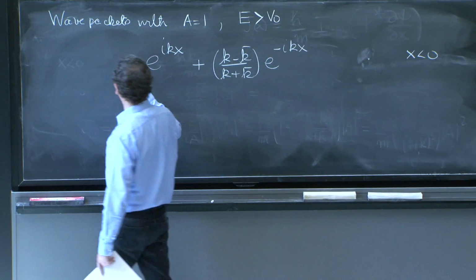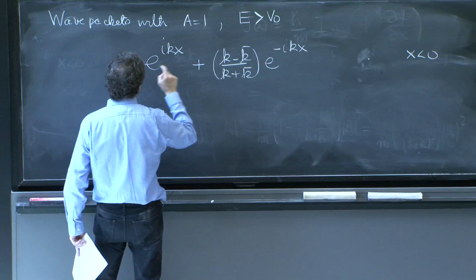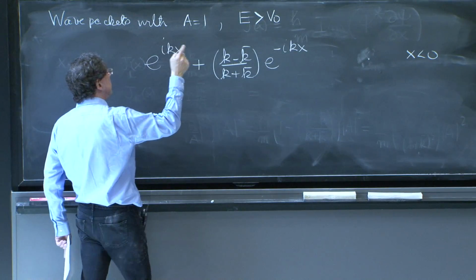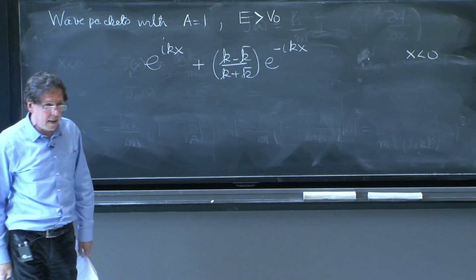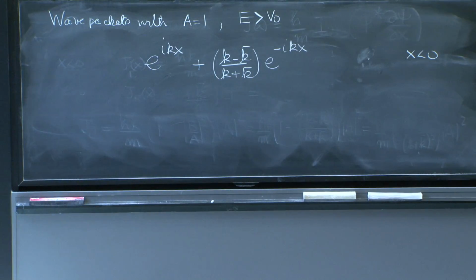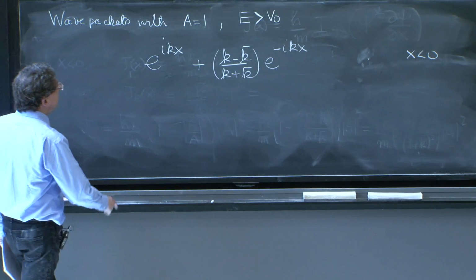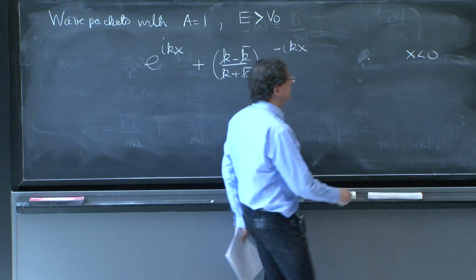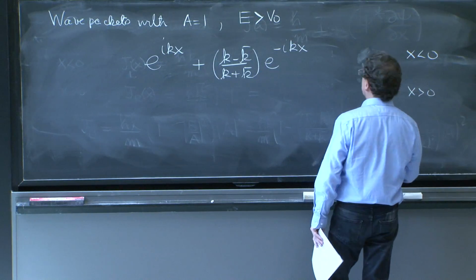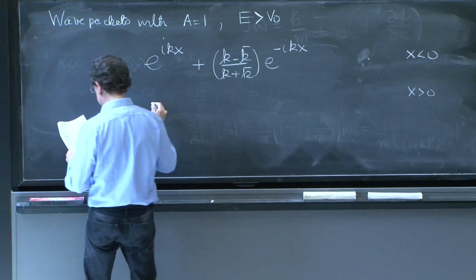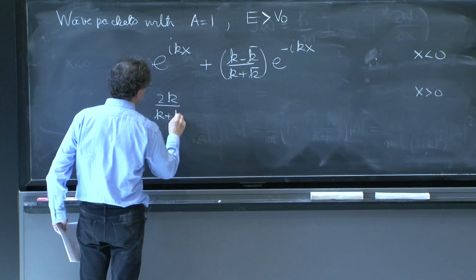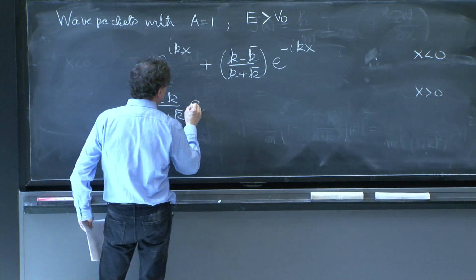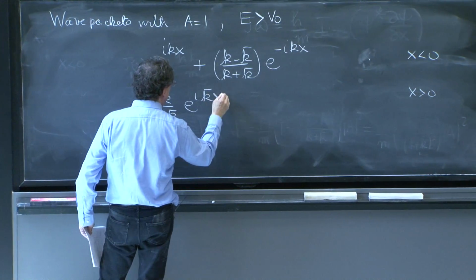And indeed, when there was an A, there was a B. If A is equal to 1, remember we solved for the ratio of B to A, and it was this number, so I've put it there. I'm just writing it a little differently, but this is a solution. And for x greater than 0, the solution is C, which was 2k over (k plus k bar), e to the i k bar x.